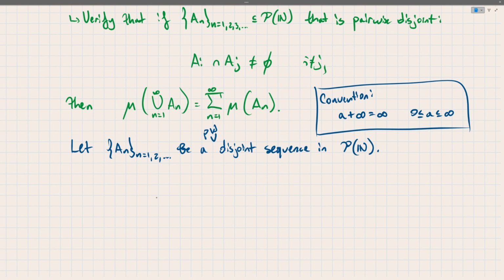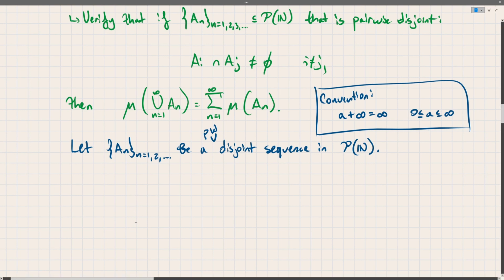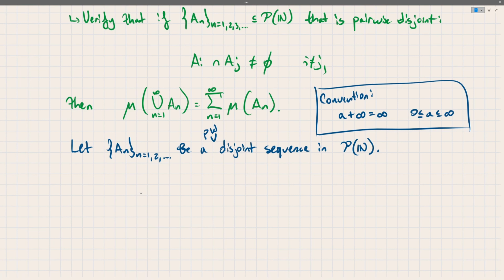So we have two main cases. I'll just write it here. We have one case, which is one of these sets in the sequence is infinite. One of the A_1, A_2, and so on is infinite.